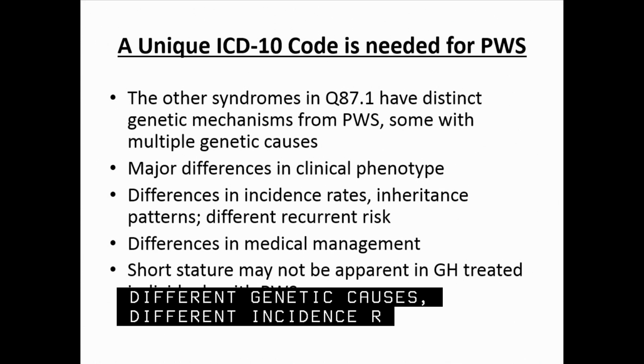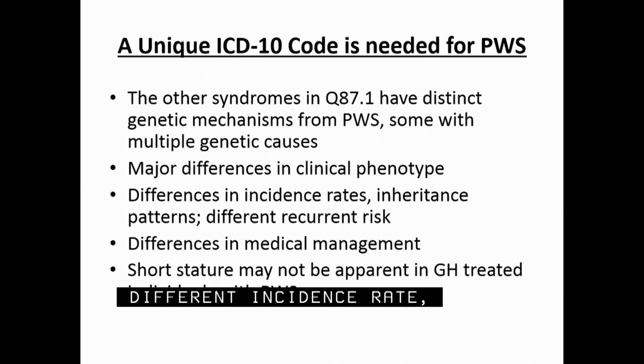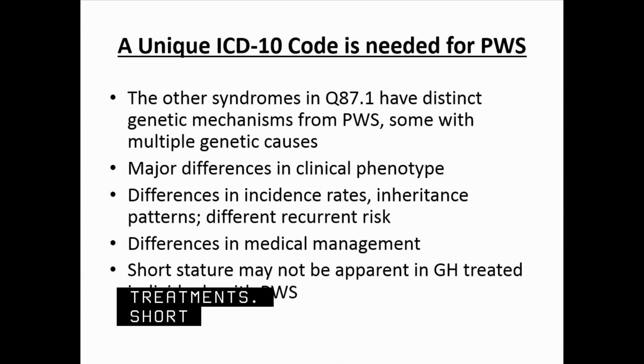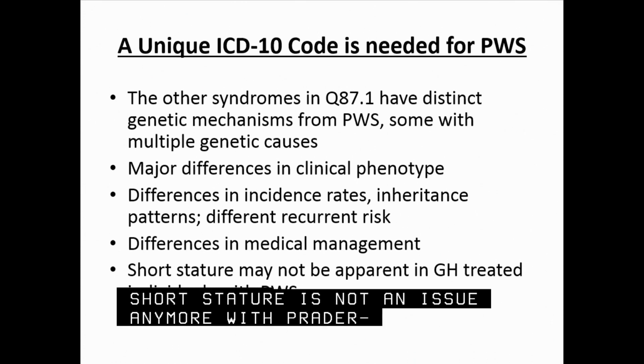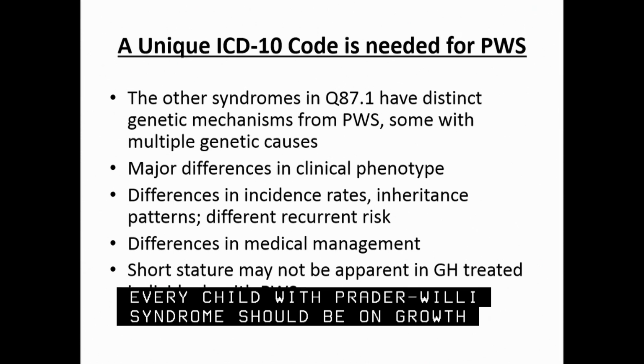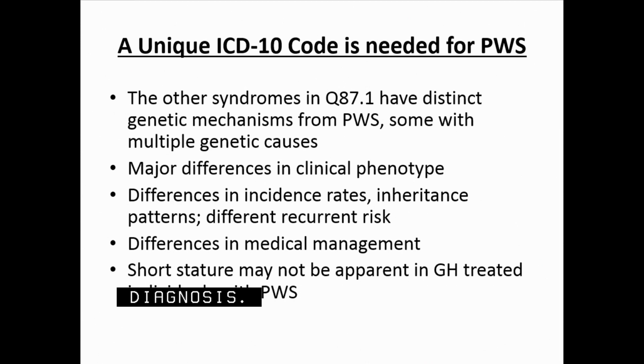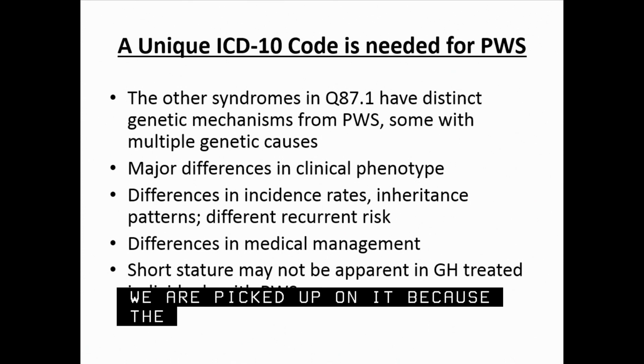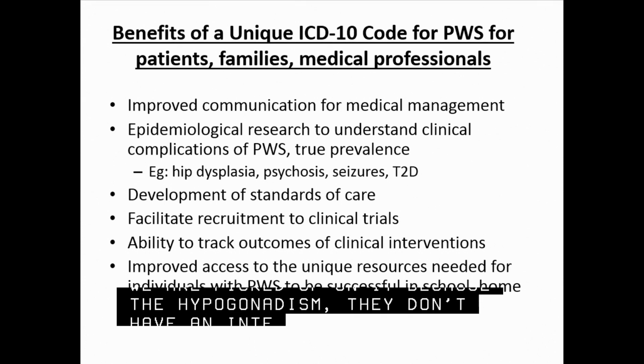And as I said, short stature is not an issue anymore in Prader-Willi syndrome because every child with Prader-Willi syndrome should be on growth hormone beginning shortly after diagnosis, which is typically in the first 1 to 2 weeks of age, shortly after birth. We pick up on it because they're hypotonic, floppy, and have hypogonadism and don't have an interest in eating. So the geneticists get called in and make the diagnosis and do the DNA methylation analysis.